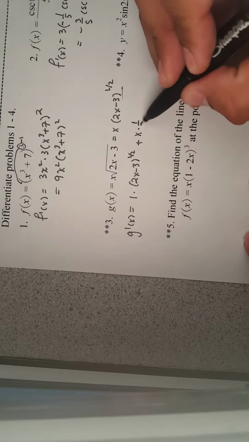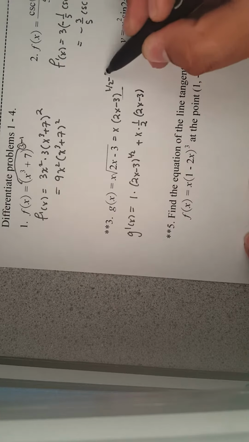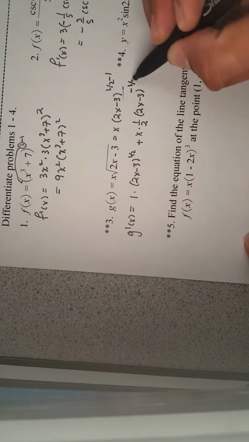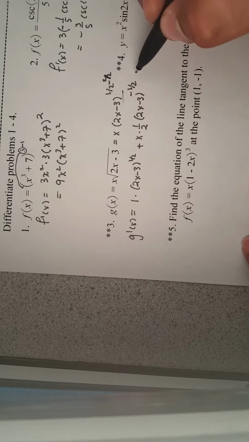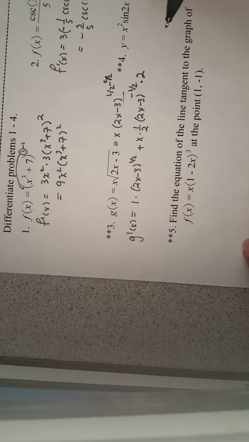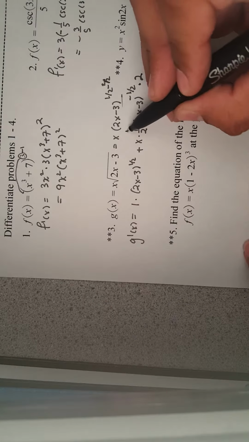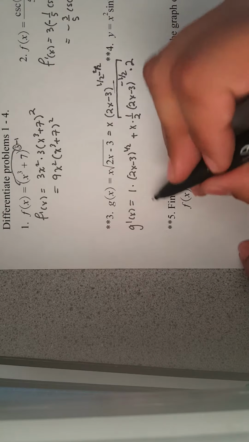So here it's going to be times 1/2 times the original, and then taking away 1, which is 2 over 2, and taking away 1, you get 1/2, times the derivative of the inside, which is a 2. So all of this, from here all the way to here, is the chain rule. Here I'm going to rewrite it.